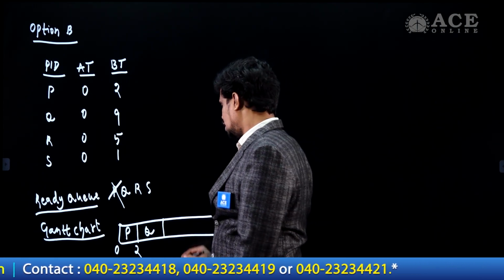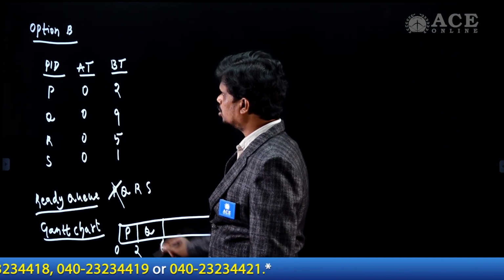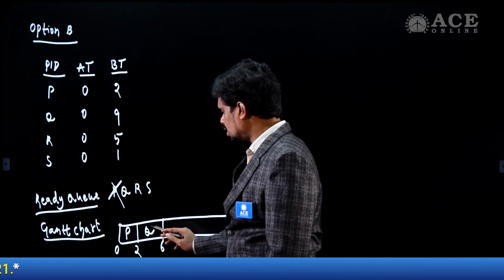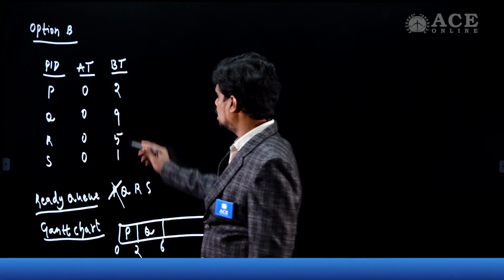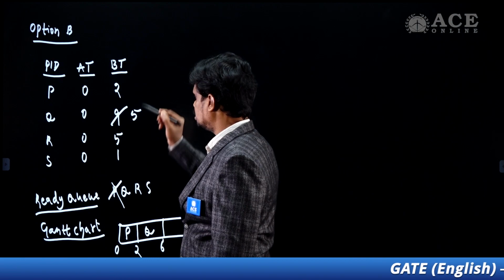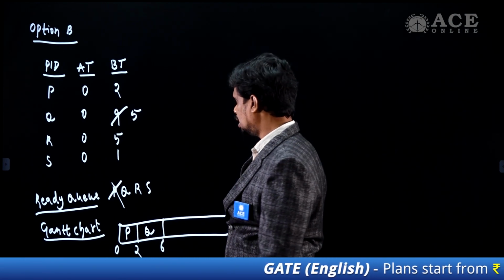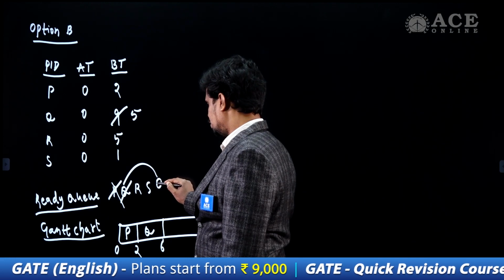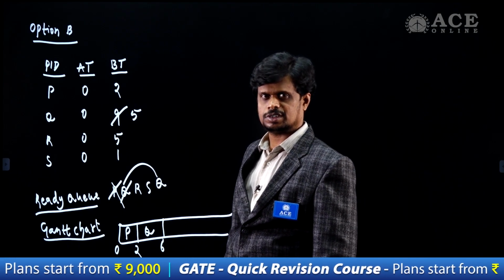Now this will be executed till 6 because the time quantum is 4. Out of 9, 4 units get executed, and the remaining is 5 time units. So this Q again we can add back to the ready queue because it is not finished.